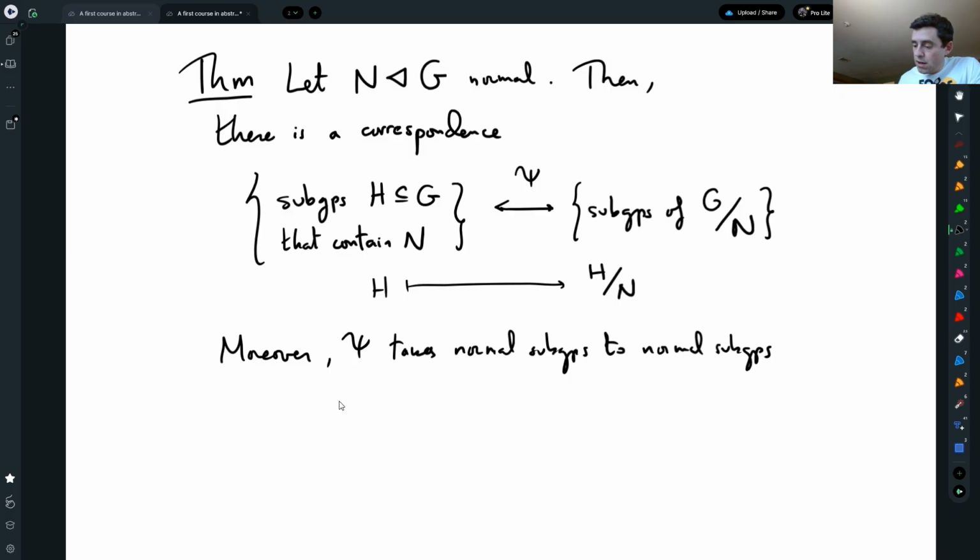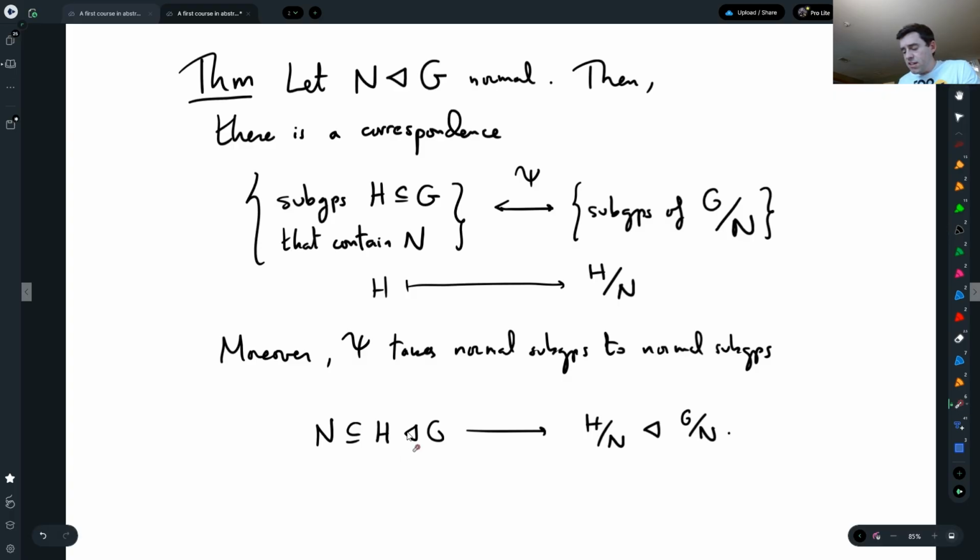So namely, if N is contained in H and H is normal in G, then H modulo N is actually normal in G modulo N. This fact, that if H is normal in G and N is normal in G then H modulo N is normal in G modulo N, was actually used in the third isomorphism theorem.